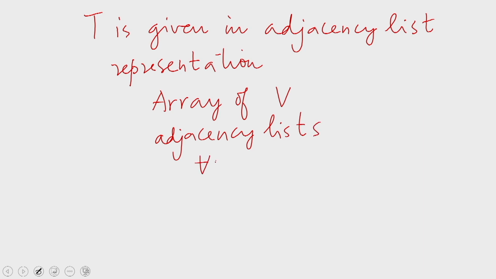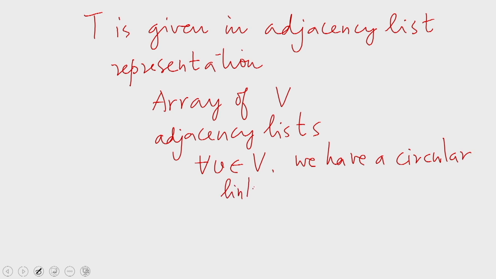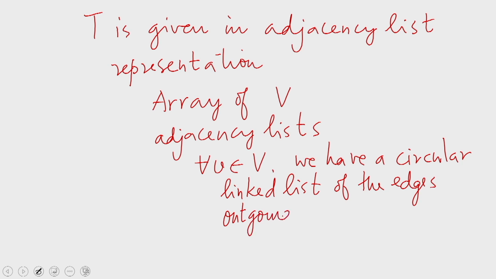For each vertex V, we have a circular linked list of the edges outgoing from V. When we have such a list for every single vertex, we say that the graph is given in adjacency list representation.